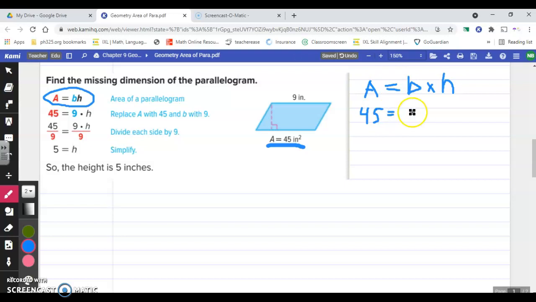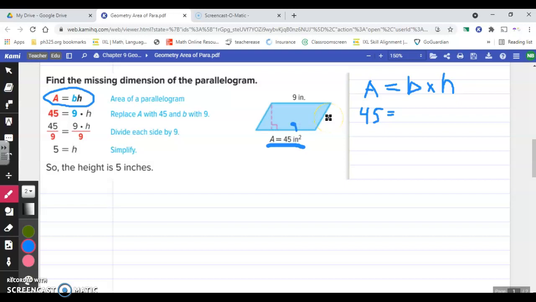Now you have to figure out, did they give me the base or did they give me the height? I'm going to look at my pink rope, and there's no number there. So I'm going to look at the base. The base, there's no number there, but there is a 9 on the line that's parallel to the base. So this is 9, which means that this is 9 right here.